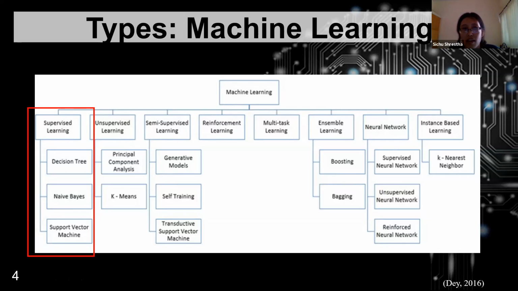Since it is a broad topic, in this presentation, we are focusing on the supervised machine learning technique, and within it, on popular methods such as decision tree, naive-bayes, and support vector machine.